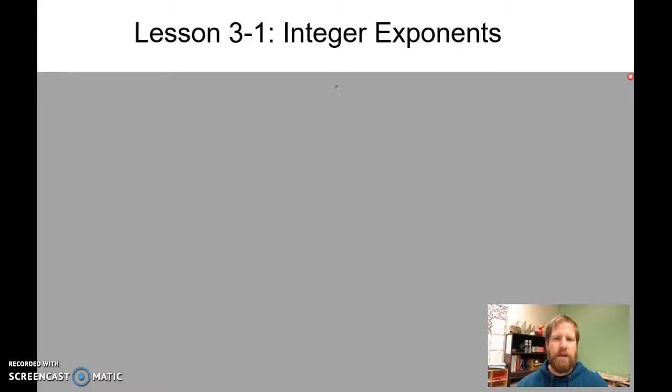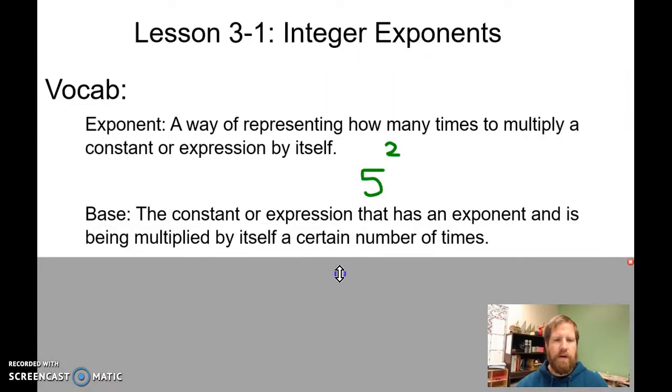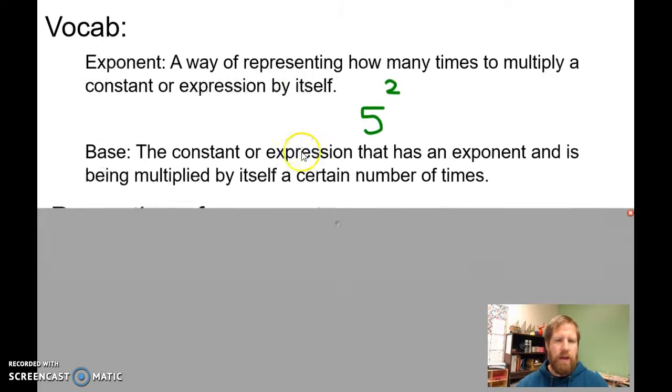Lesson 3.1, Integer Exponents. We only have two vocabulary words for today, and that is exponent, which is going to be this number up here. It is just a way of writing how many times the larger number, or the base, is going to be multiplied by itself.